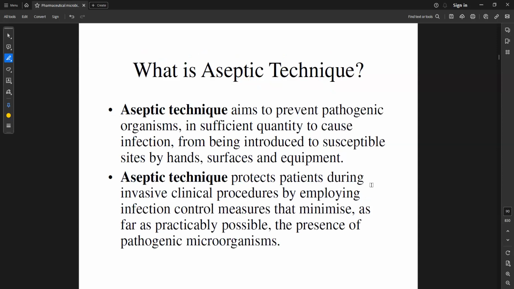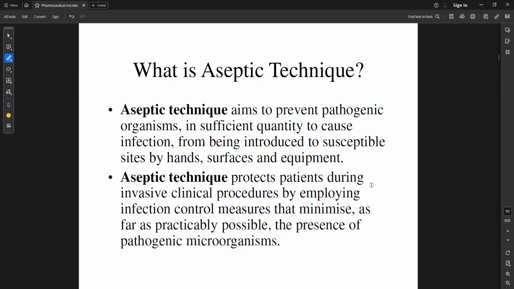The aseptic technique aims to prevent pathogenic organisms in sufficient quantity to cause infection from being introduced to susceptible sites by hands, surfaces, and equipment. It protects the patient during invasive clinical procedures by employing infection control measures that minimize, as far as practically possible, the presence of pathogenic microorganisms.